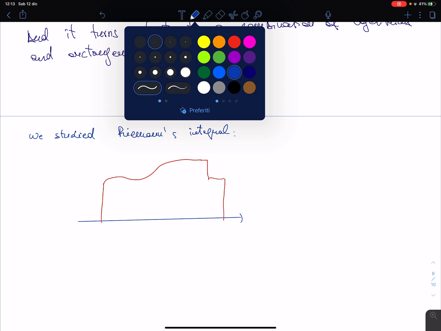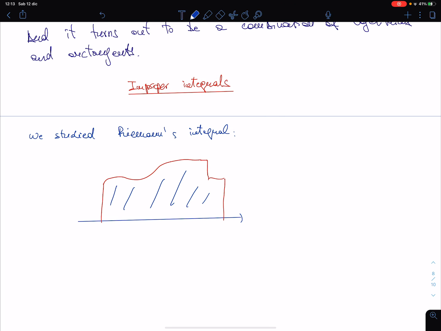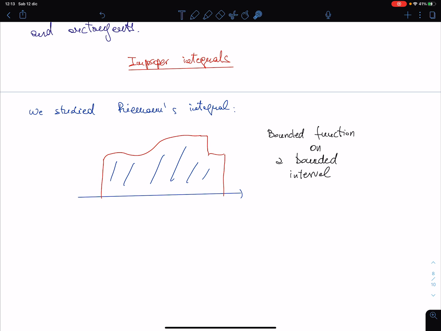And you have to compute this area. So improper integrals remove these two limitations, the bounded function and the bounded interval.